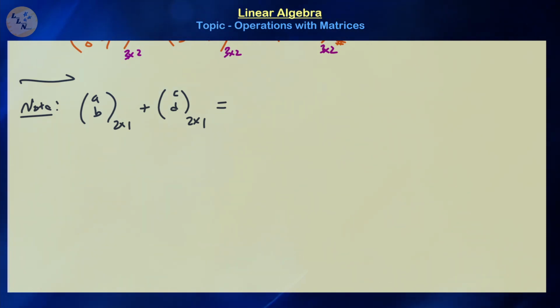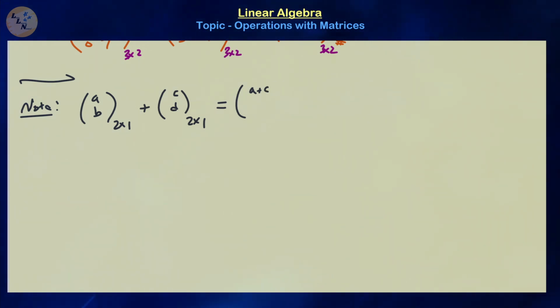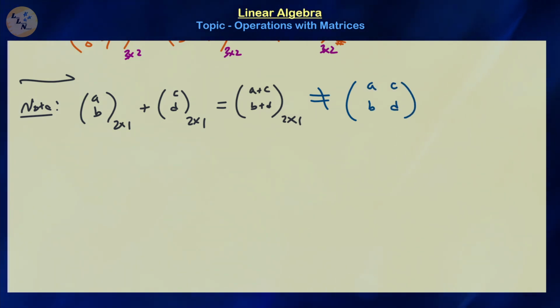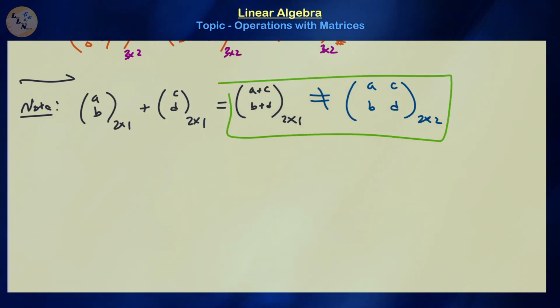So a 2 by 1 added to a 2 by 1 should also be a 2 by 1, where that 2 by 1 is the vector whose first element is A plus C, and the next element is going to be B plus D. So again, this is a 2 by 1 matrix. This is not the same thing as the 2 by 2 matrix with entries A, C, B, D in those locations. So be very, very careful that these two objects are not the same.